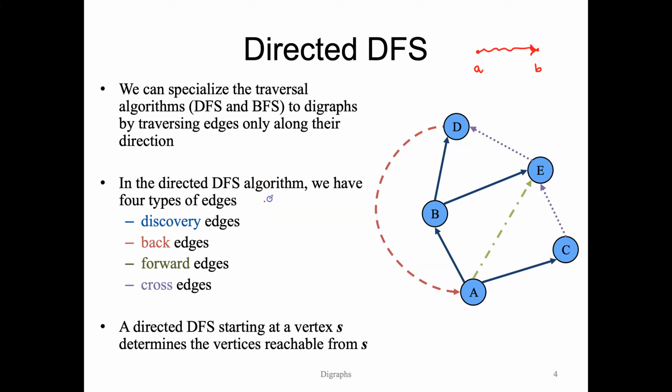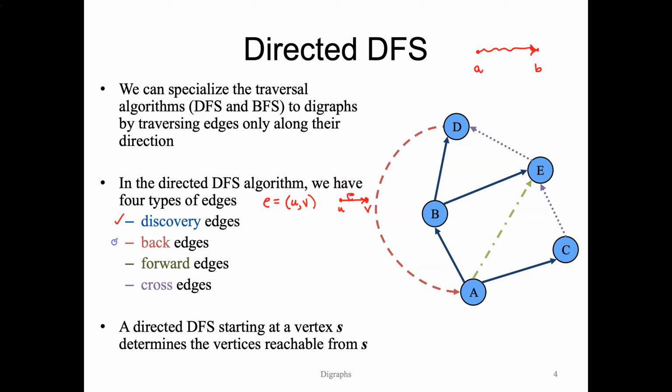So if we have some edge, let's say E, which goes from vertex U to vertex V, we could classify this as either discovery edge. This would be the same that we're encountering vertex V for the first time, it hasn't been visited, and this edge is the edge which is discovering V for the first time.